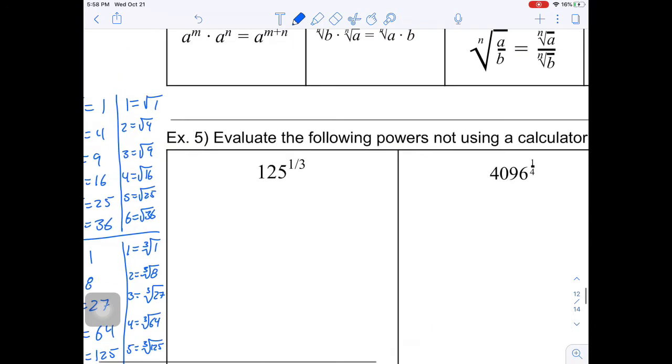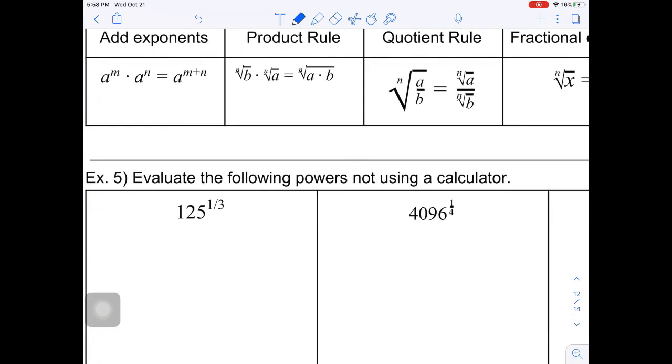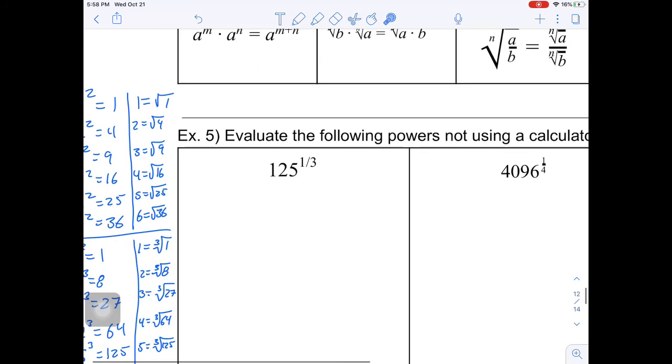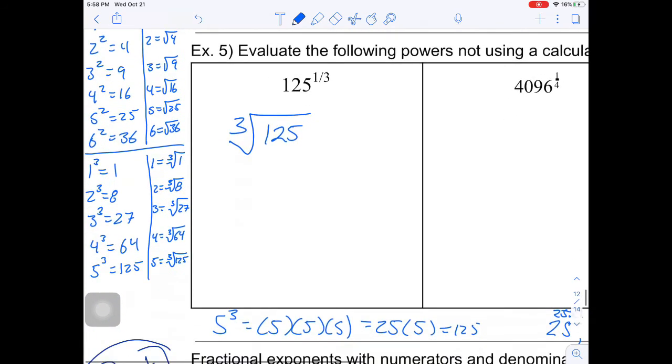Well, here, remember, we have our fractional exponent rule. My denominator is actually the index. So this becomes the cube root of 125. And look at that. We were able to find this by listing the first 5 cubes. So the cube root of 125 is 5. That's pretty lucky on our end. So this will be 5 right here.